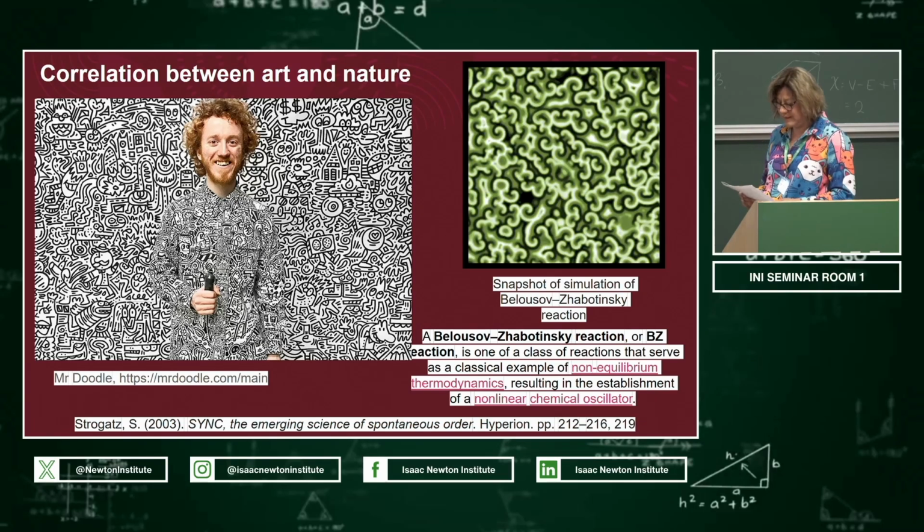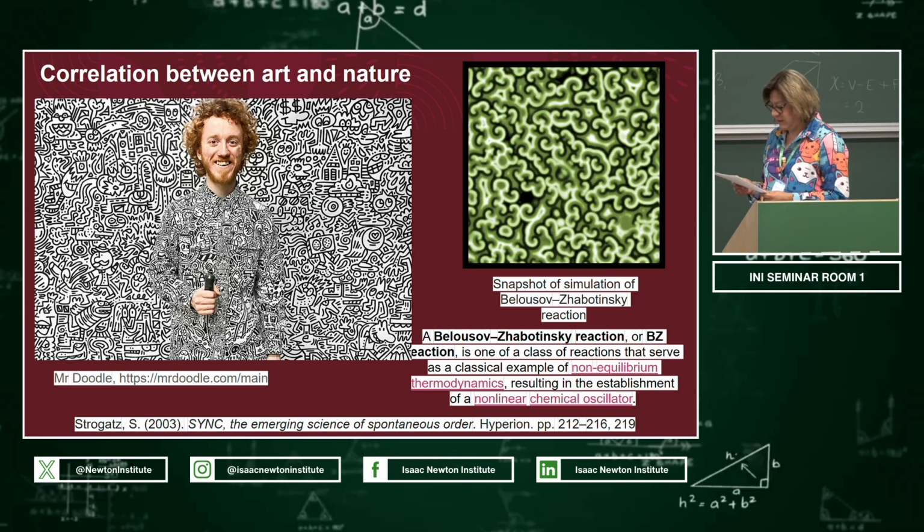When studying complex systems, complex patterns, and system dynamics, the interest is in finding correlations between art and nature. For example, on the right side, the patterns achieved with a reaction known as Belousov-Zhabotinsky is shown as an example of a non-equilibrium thermodynamic state resulting from the chemical oscillation of bromide and an acid.